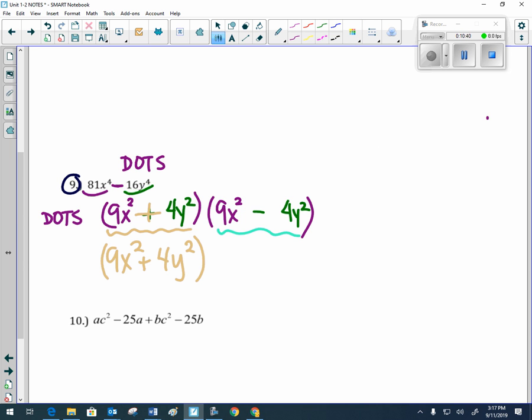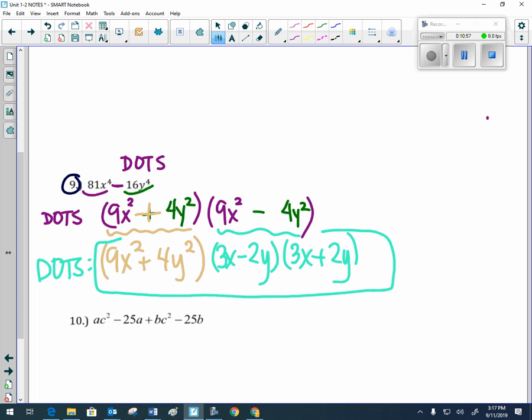Both of your terms are perfect squares, and it does have a difference. So that much is going to be factored into 3x minus 2y and 3x plus 2y. And this, another difference of squares, is my final answer for factoring completely on that problem.